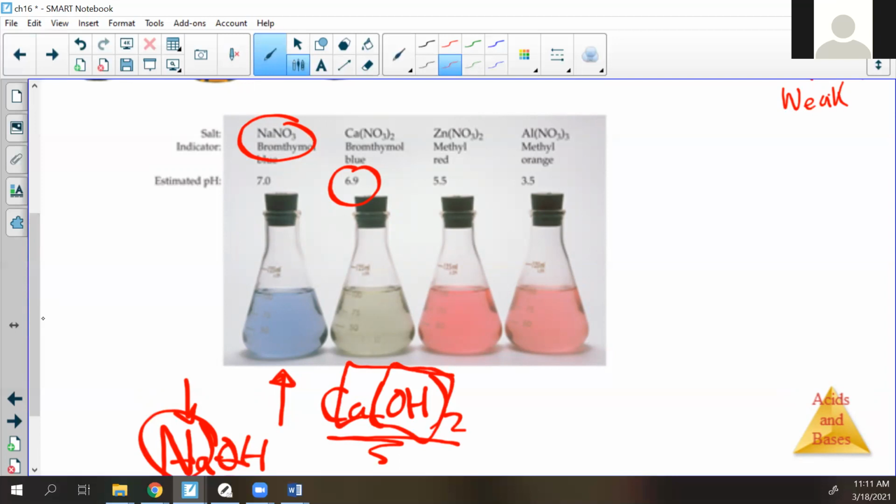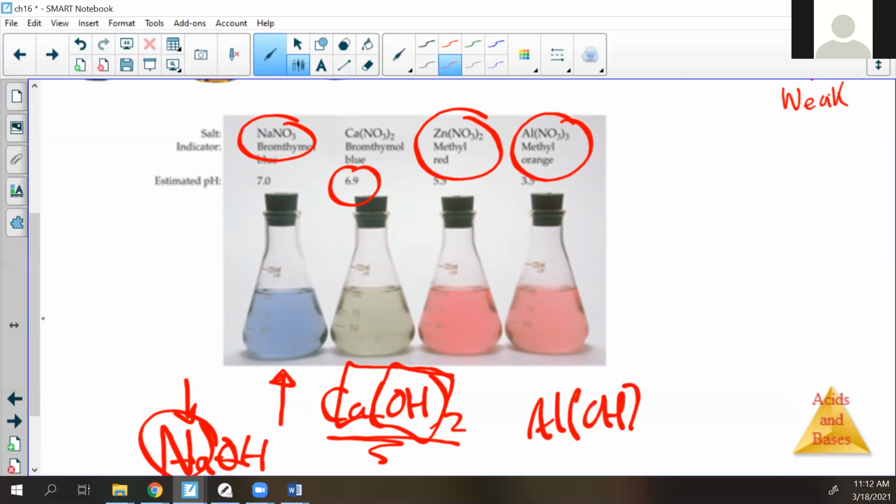All right, and then we'd say zinc, it is a weak, and then aluminum, it's the weakest, like its conjugate, AlOH3. I'm not sure what this indicator would be, but some indicator they dropped in there, and then they added different amounts, and we got what it was.